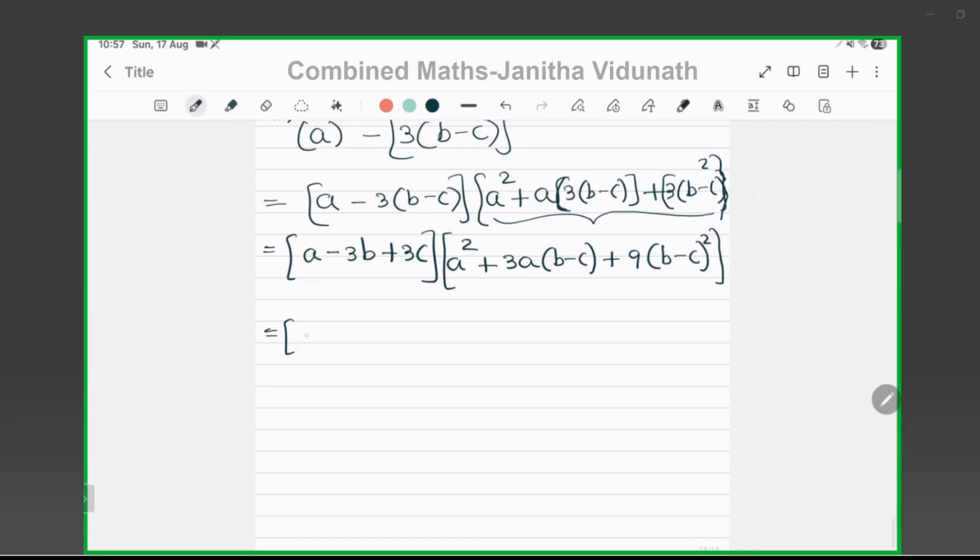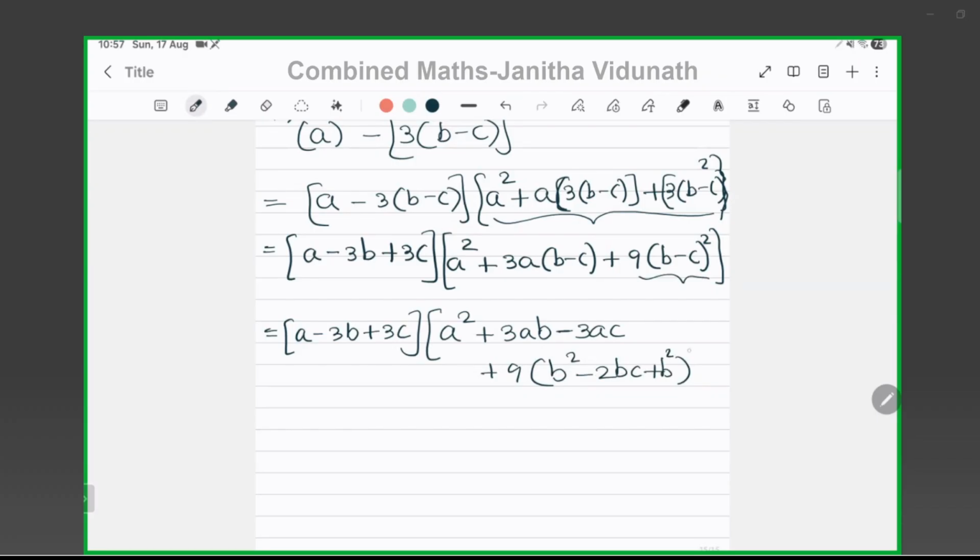Then we get a minus 3b plus 3c times a square plus 3ab minus 3ac plus 9 times. We can expand this as b square minus 2bc plus c square.